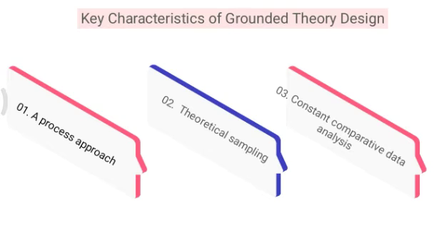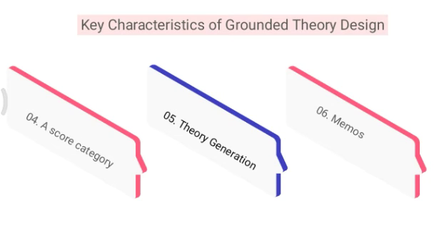And constant comparative data analysis is an inductive data analysis procedure in grounded theory research of generating and connecting categories by comparing incidents in the data to other incidents, incidents to categories, and categories to other categories.